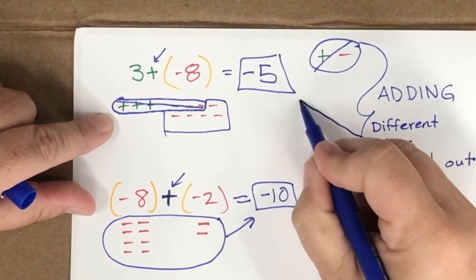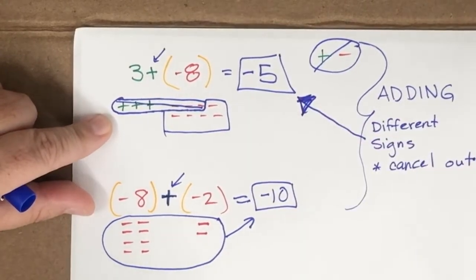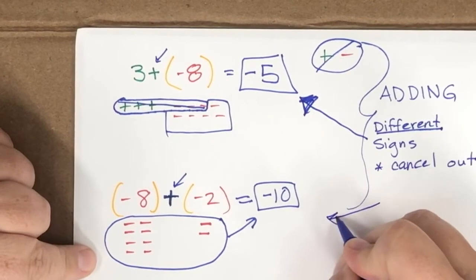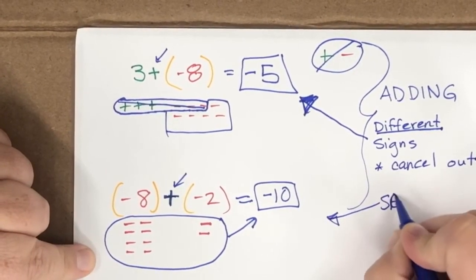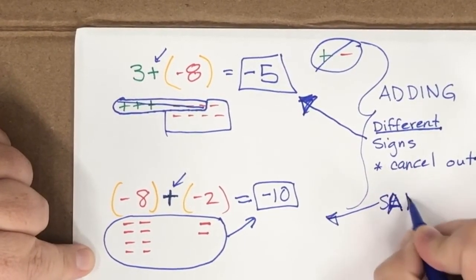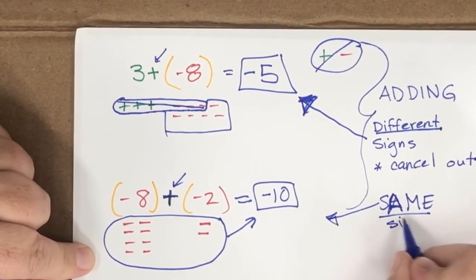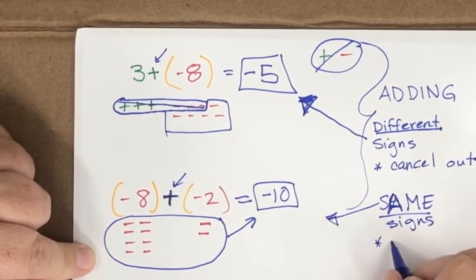That is this example right here. But that's if we have different signs. If, on the other hand, they have the same sign, let me spell the word same, same sign, then they are going to join up.